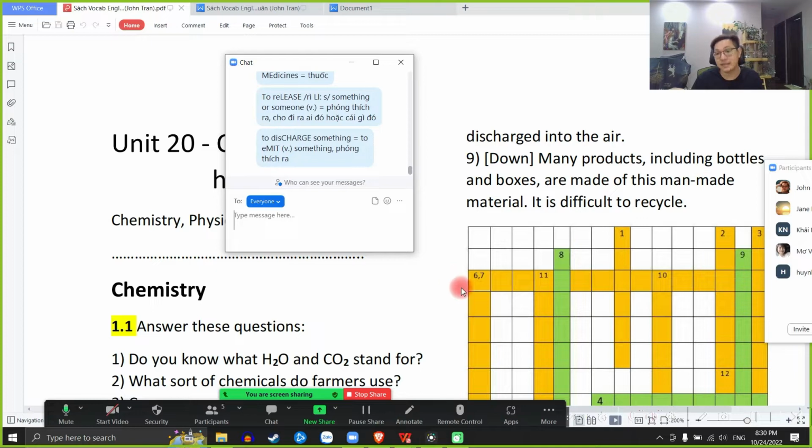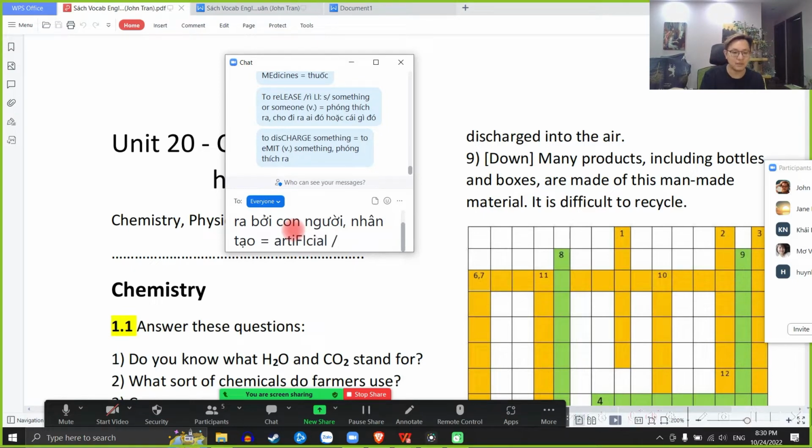Number 9, down. Many products, including bottles and boxes, are made of this man-made material, and it's difficult to recycle. Nhiều sản phẩm bao gồm chai, lọ và các hộp được làm ra bởi cái man-made, làm ra bởi con người, thì nó sẽ bằng chữ nhân tạo.